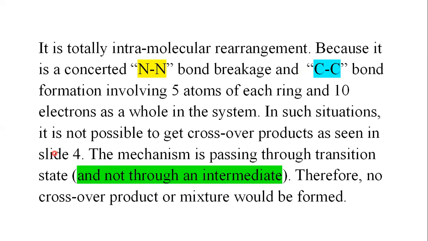In such situations, it is not possible to get crossover products as seen in slide number 4. The mechanism is passing through a transition state and not through an intermediate. Therefore, no crossover product or mixture would be formed.